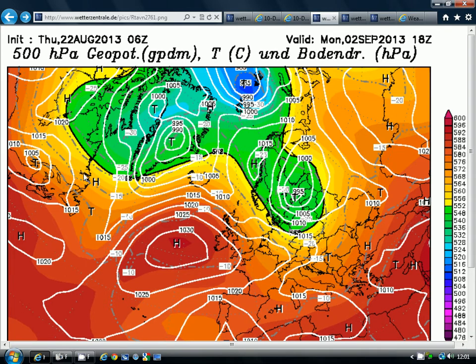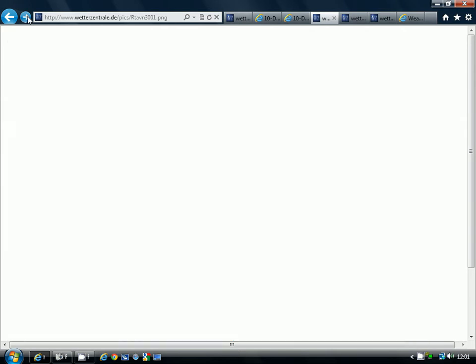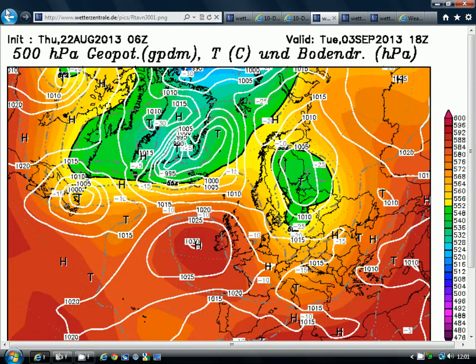There are weather fronts coming around with that flow, but it's not unsettled, it's just gently unsettled conditions with some bands of showery rain coming through at times, but really a lot of dry weather persisting into the start of September, and even out to 300 hours away, which is Tuesday the 3rd of September.